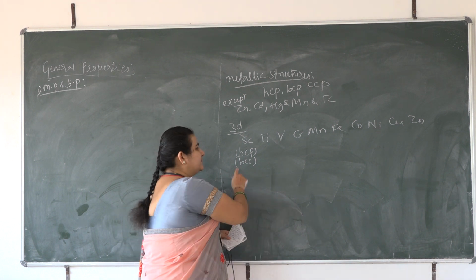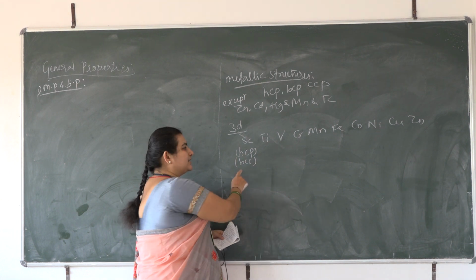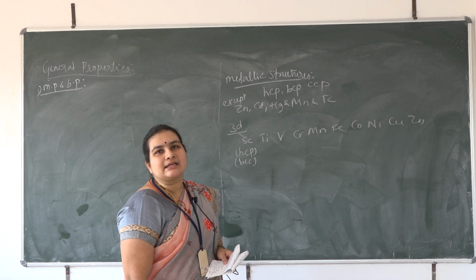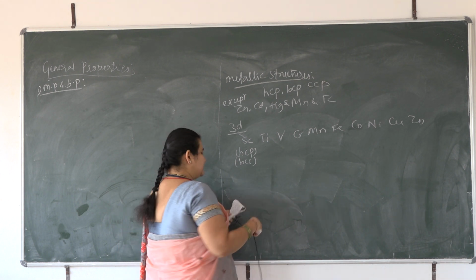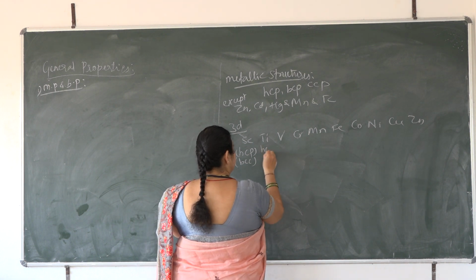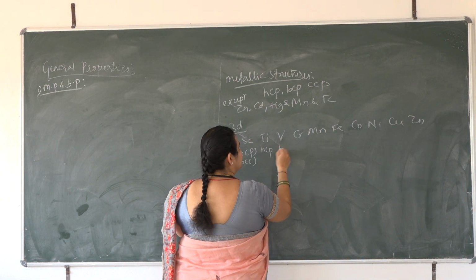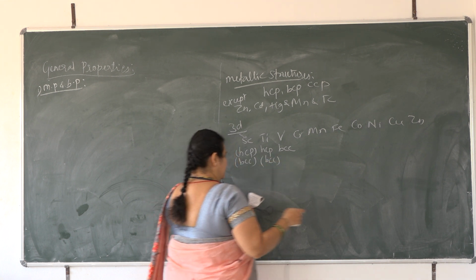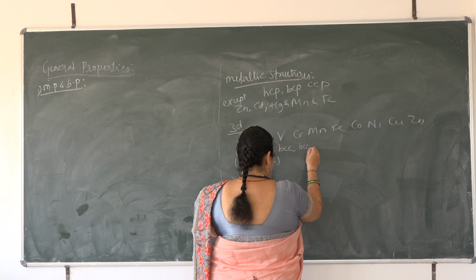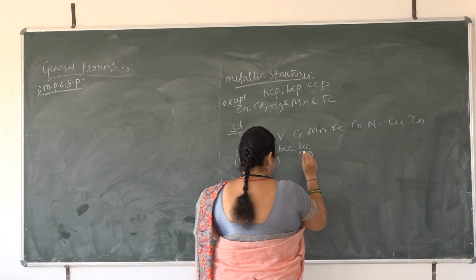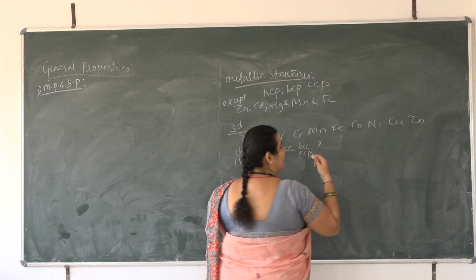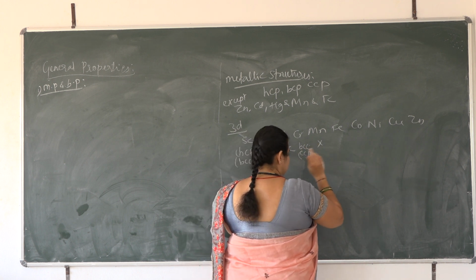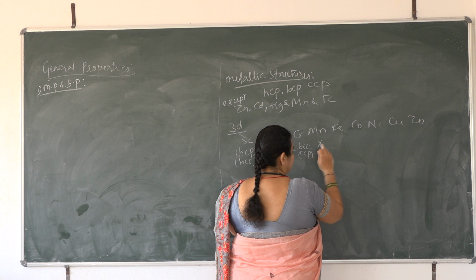Here BCC means body centered cubic lattice, HCP means hexagonal close packing. Titanium is HCP, vanadium is BCC, chromium is BCC, then manganese has a structure other than these three.